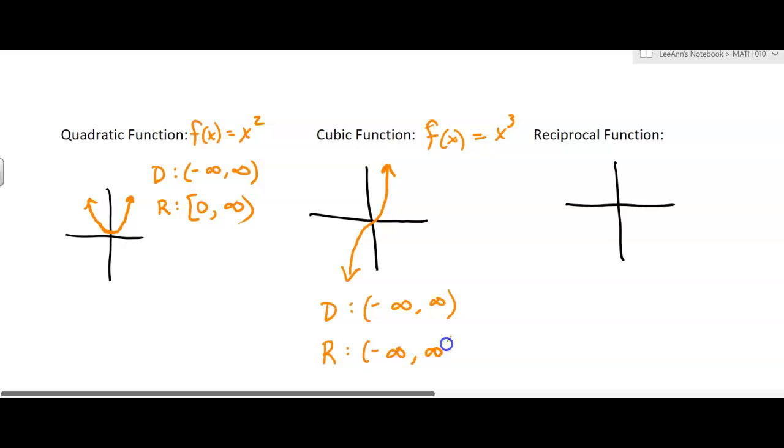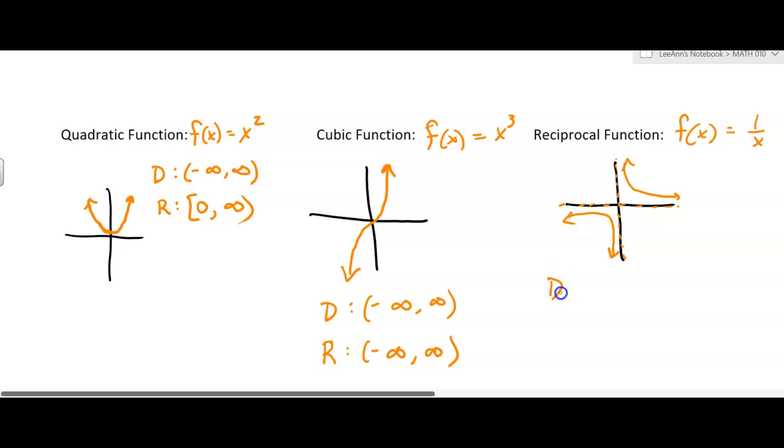So I'm kind of going through these quick. You might have to go back and think about these in a little bit and look at them. The reciprocal function, that says f of x equals 1 over x. Now this one's different because it has asymptotes. So we don't include the x-axis or the y-axis for this function. It's not defined there. It looks something like, this is a horrible drawing, but something like that.